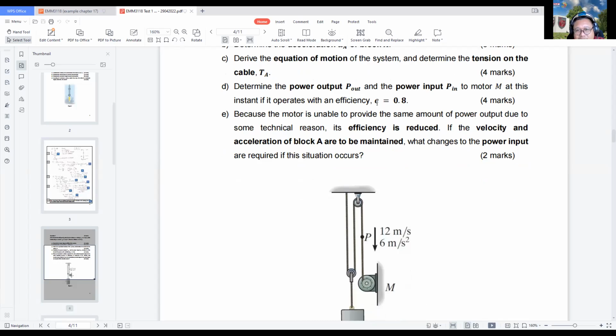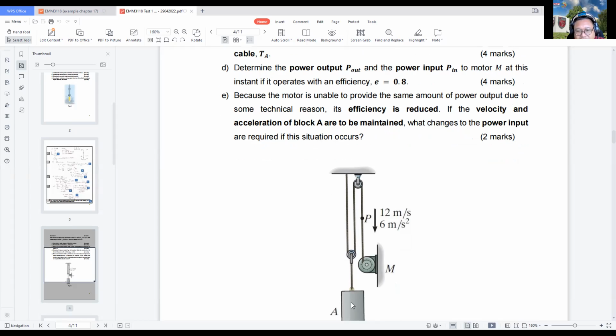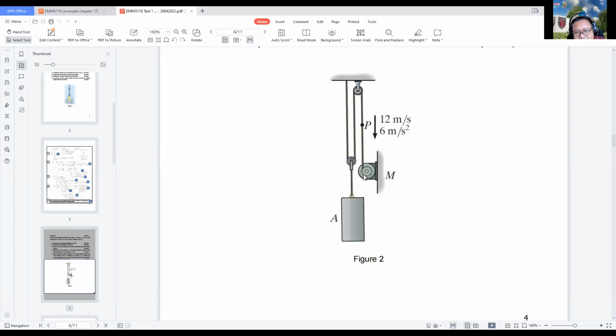Now E is less than 0.8 in this case. If the velocity and acceleration of block A are to be maintained, the value E is no longer 0.8, it will be less than this. But at the same time, you want to maintain the velocity and acceleration of block A. What changes to the power input are required in this situation?